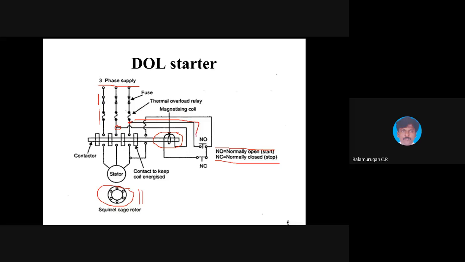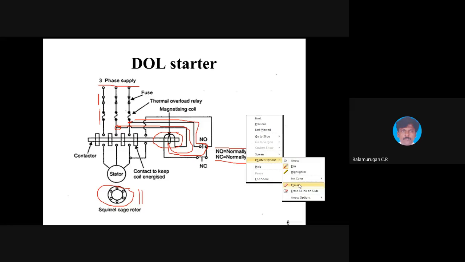It goes like this: the connection goes to the magnetizing coil and then to the other supply. This is the general case. Are you clear with this connection?